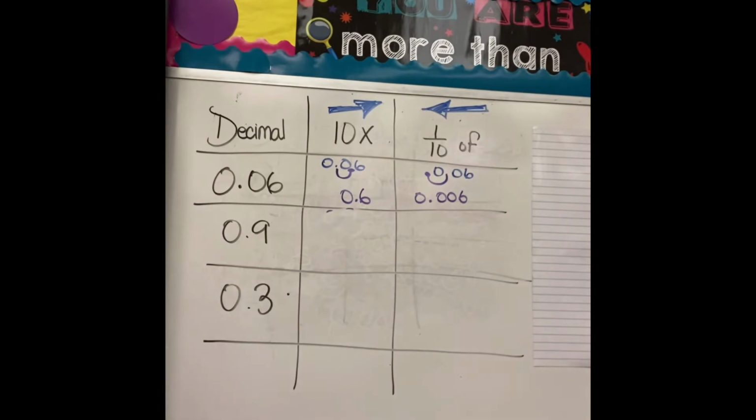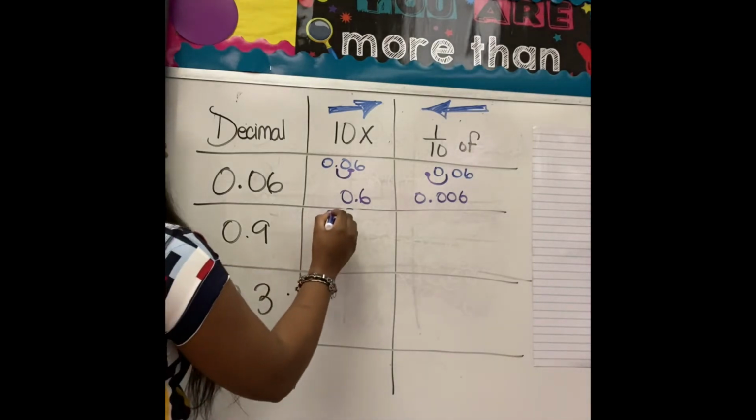Okay, let's try another one. So we're going to look at 9/10. If we are looking for what is 10 times greater than 9/10, we know that we are making something bigger. So that means we must move our decimal to the right, to the right. So now I'm going to go ahead and rewrite my decimal.